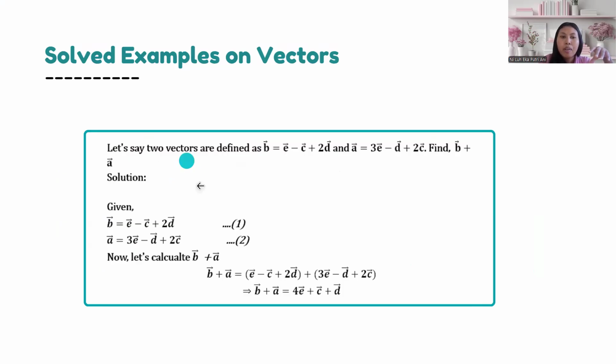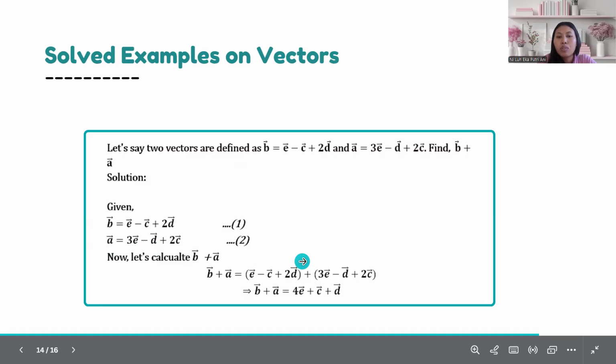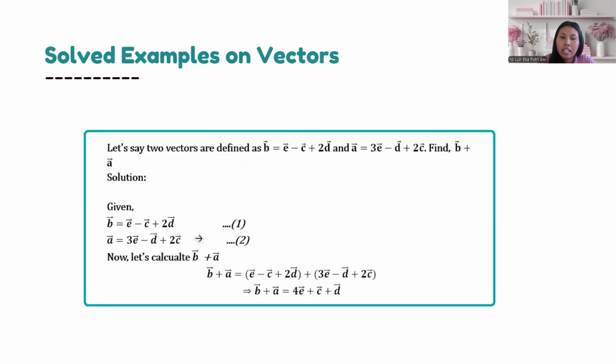So find vector B plus vector A. Now let's calculate vector B plus vector A. By adding the components, we get a minus c plus 2d plus 3a minus d plus 2c, and we get vector B plus vector A is equal to 4a plus c plus d.